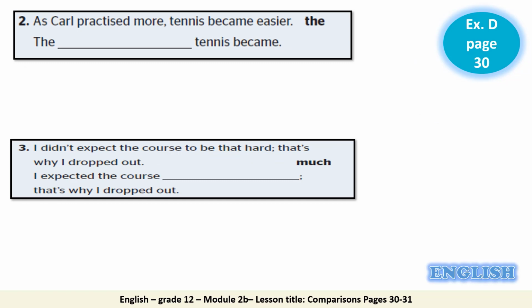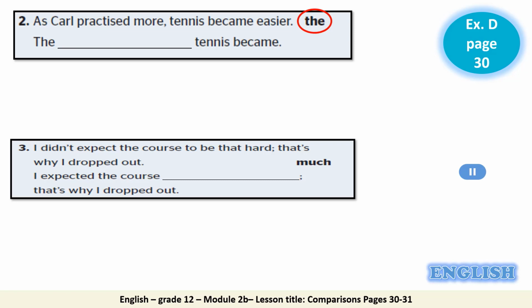It's your turn now. Pause the video, please, and give it your best shot. Finished, right? Fantastic! Let's discuss and display the right answers for you to check your own. In sentence 2, as you can see, we are again required to use the word the.